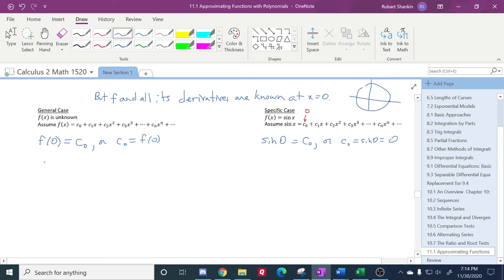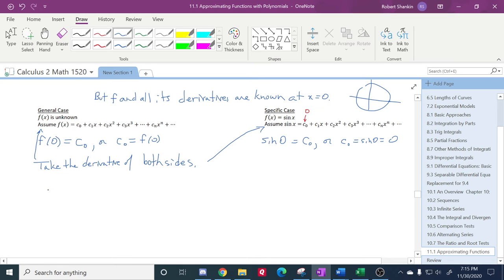Now, next thing is we're going to take the derivative of both sides. So we're going to do that for here and for here. And what am I going to come up with when I do that over here?